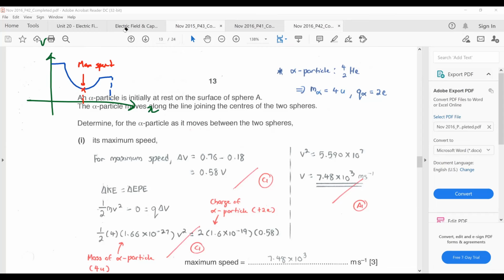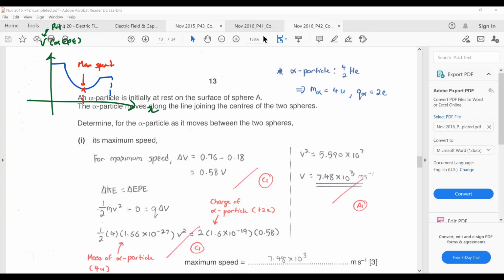Now, this is potential. But potential is very closely related to EPE. You can say it's actually proportional to your EPE. So look at how the graph changes.